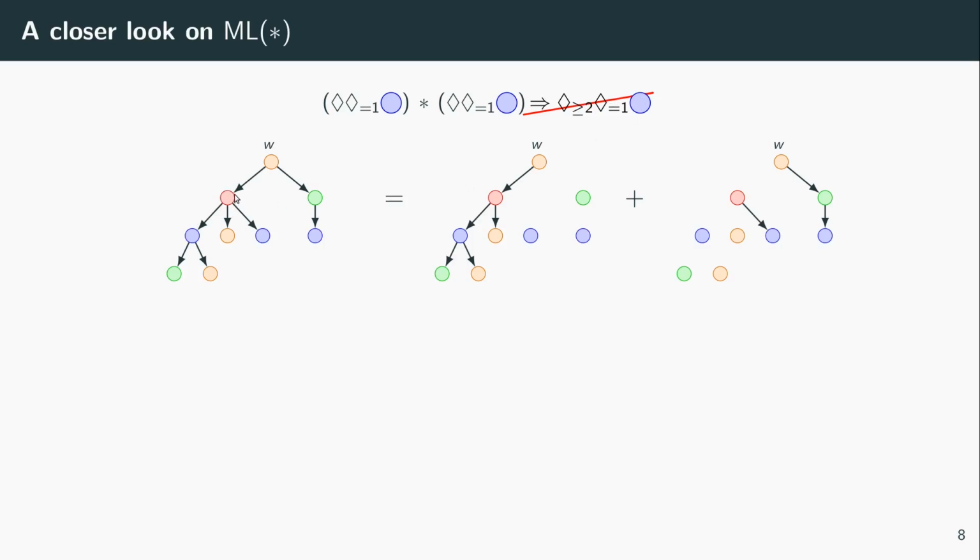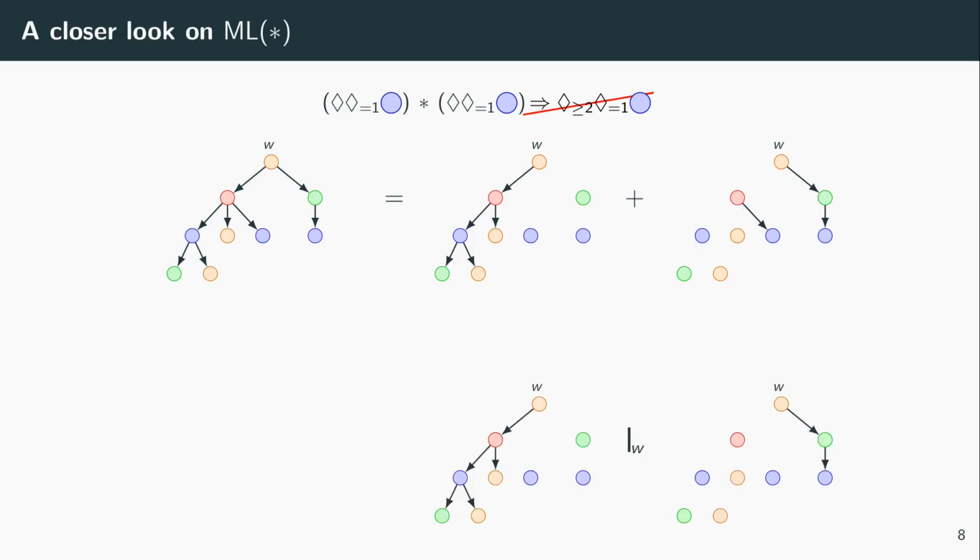But then among these two children, I can put one on the model on the left, the other on the model on the right, and obtain two forests that satisfy the two formulas here on the left. Now, as I said before, this red node on the right, since it's not accessible from W, can be removed from the extraction without affecting the satisfaction of any formula.